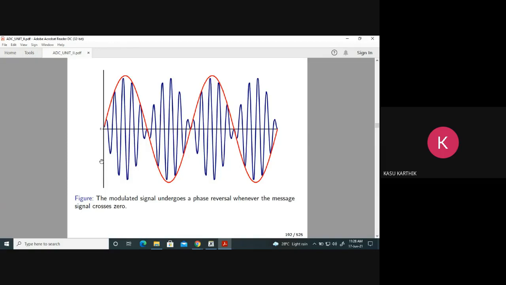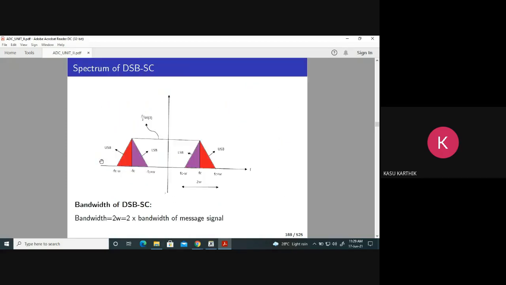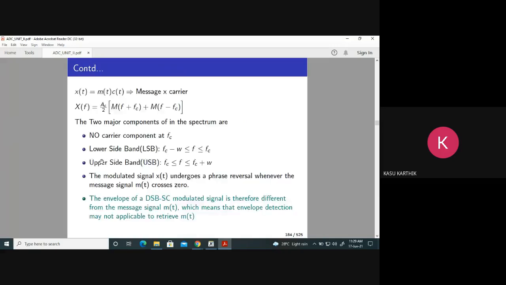So that should be remembered in case of DSBSC. In DSBSC, whenever the message crosses zero, there would be a phase reversal in the carrier, in the modulated signal or the modulated carrier. So that is about DSBSC.